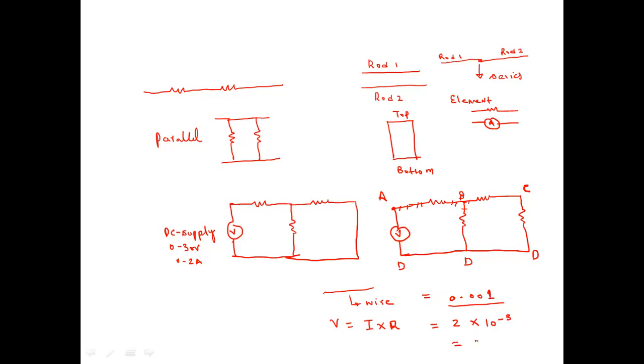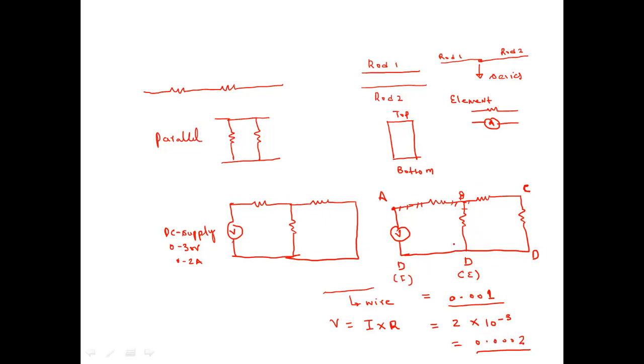So this is nothing but 0.002. So if there is no element connected in between, the potential of the point almost remains same. Hence, we have kept this point as D, this also D, this also D. We could have written this as E, and this as F also, but the potential remains same.